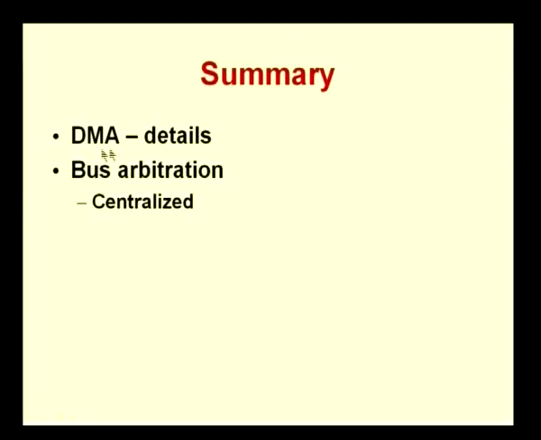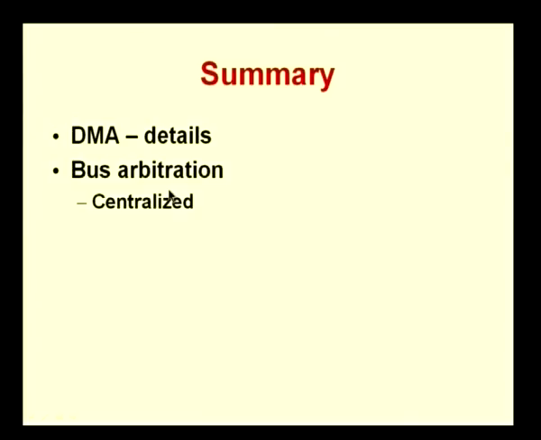So, to summarize, what we have looked at in today's lecture basically is, we have looked at DMA, the direct memory access mechanism, and we looked at the details of how it works. That is how the different parameters have to be specified into the DMA controller and how the DMA controller does the data transfer. Now, with respect to doing the data transfer, we said there are 2 mechanisms.